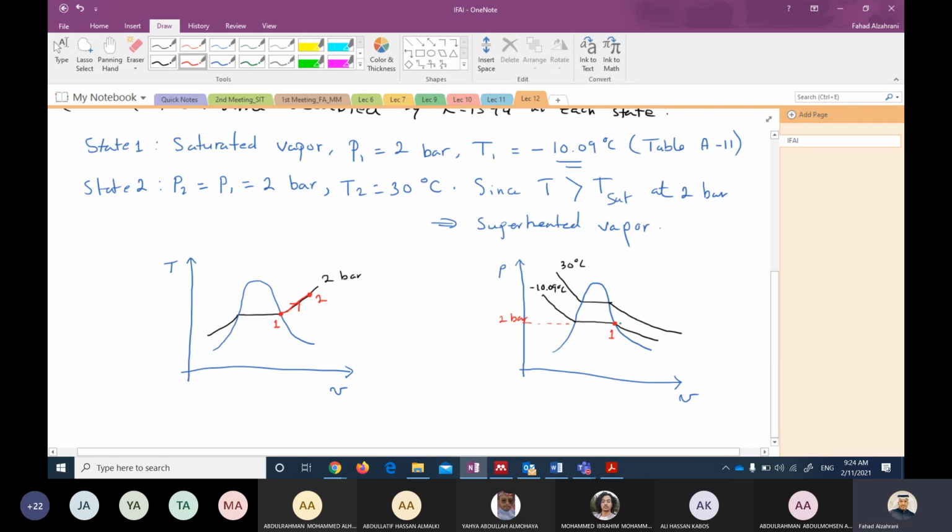It's constant, so that means I will go along the horizontal line until the second state line. You see how I went from 1 to 2 at a different temperature but at constant pressure for the PV diagram? This is how you can do it.